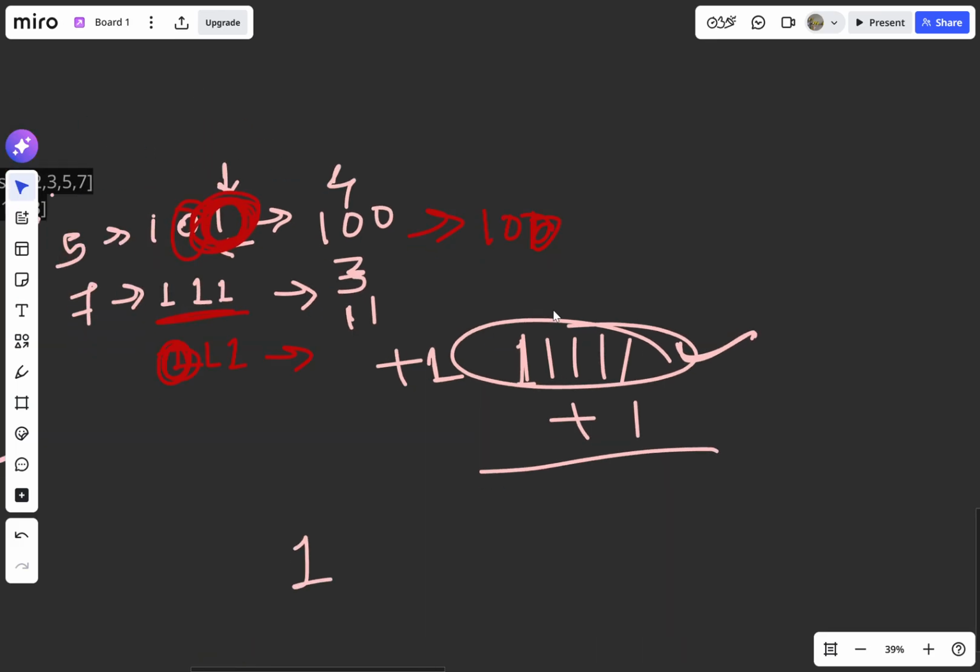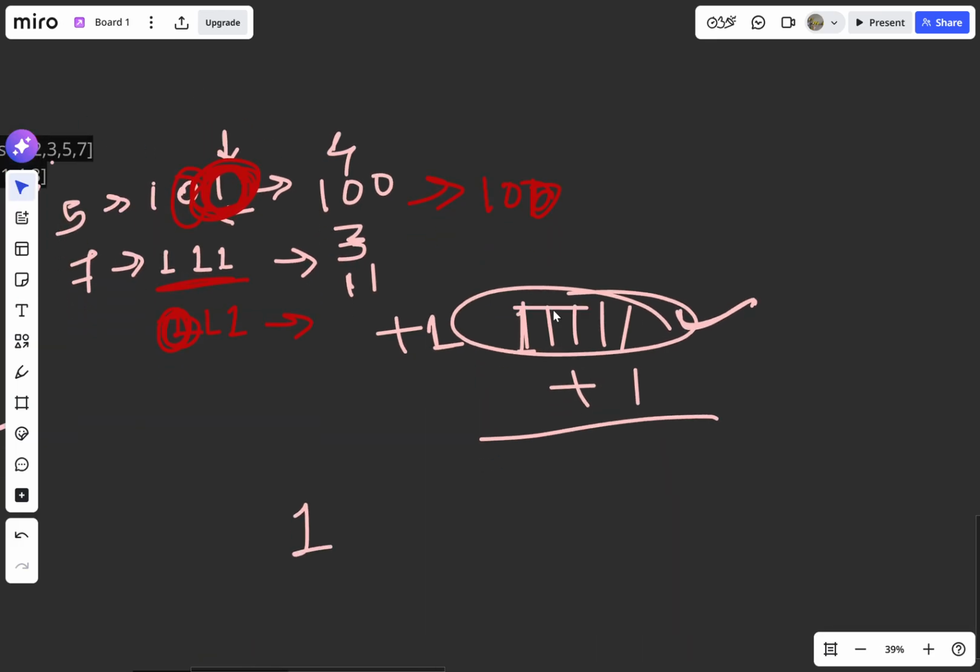Here, how many ones are there? 3 and 2. 3 and 2 ones are there, meaning 5 ones, so we will get 4 ones here. 3 and 4 ones plus 4 ones plus 1.